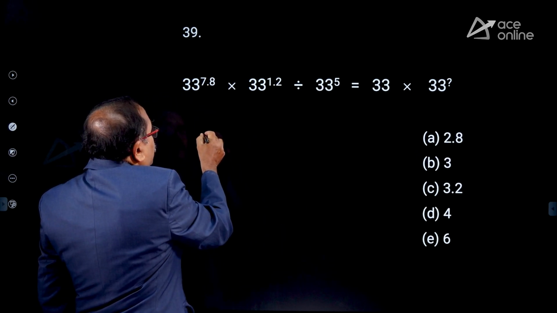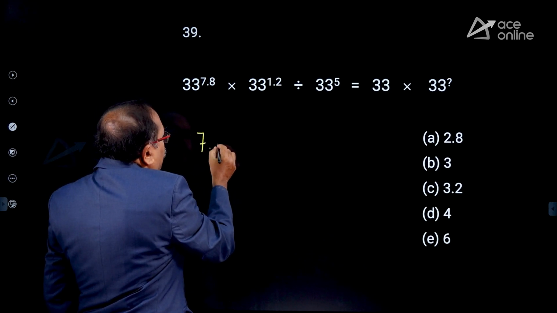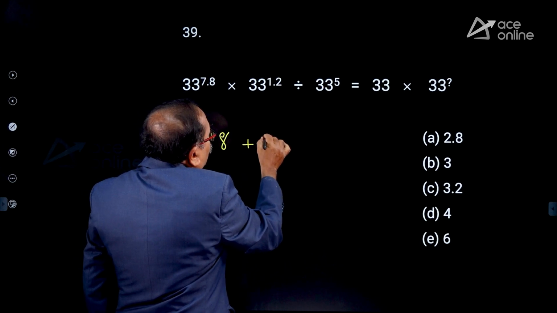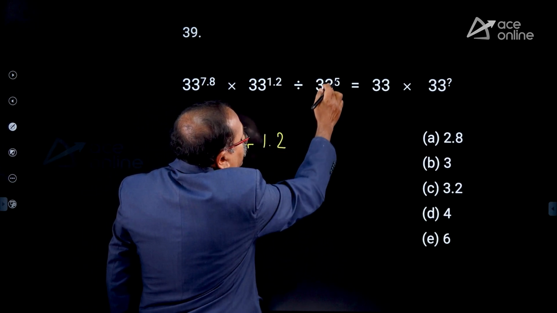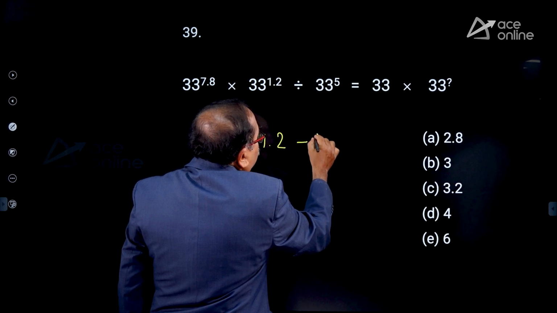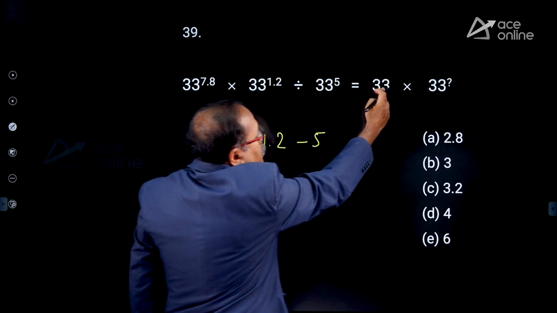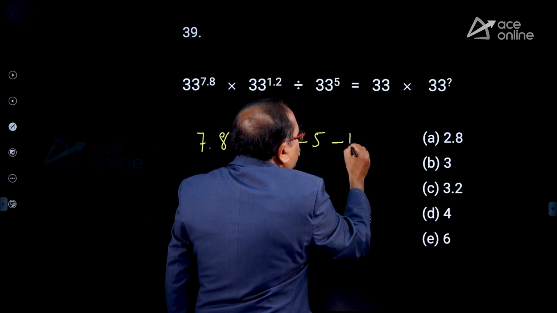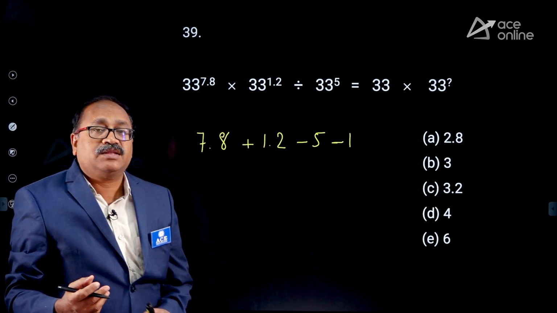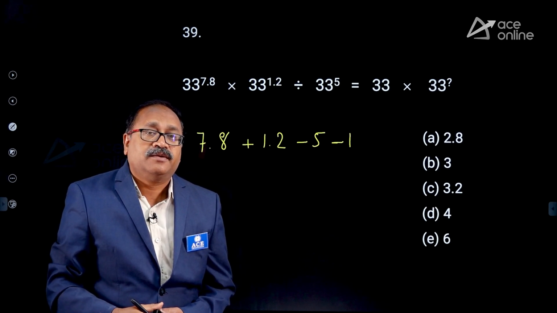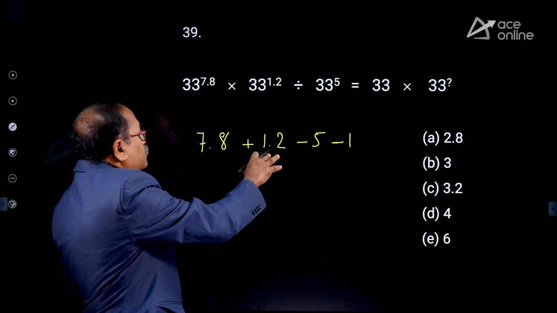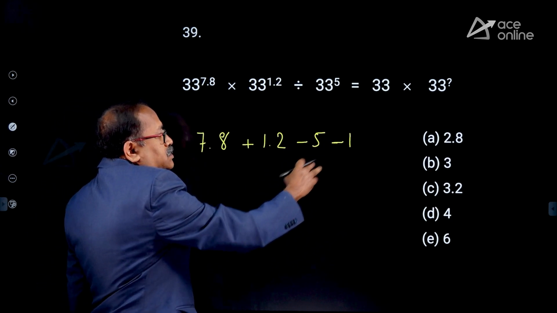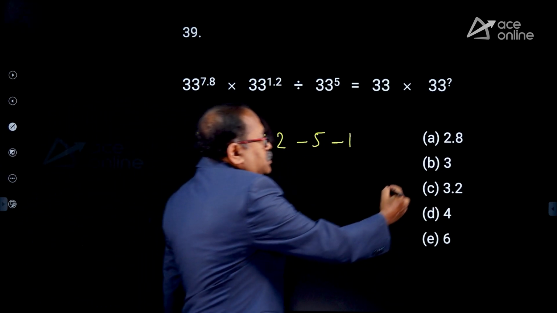That is 7.8, let's take that as 7.8 plus 1.2, and here division, therefore minus the power 5, and here when it comes it's a division, therefore minus 1. That will decide my 33 to the whole power what. So here it's a small calculation. Then it gives us 9, and 9 minus 6, which is 3. Option choice B.